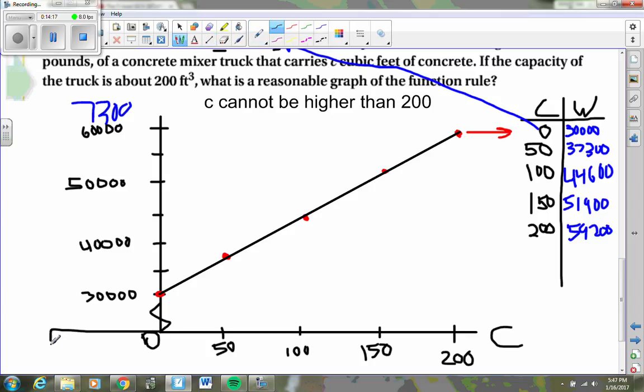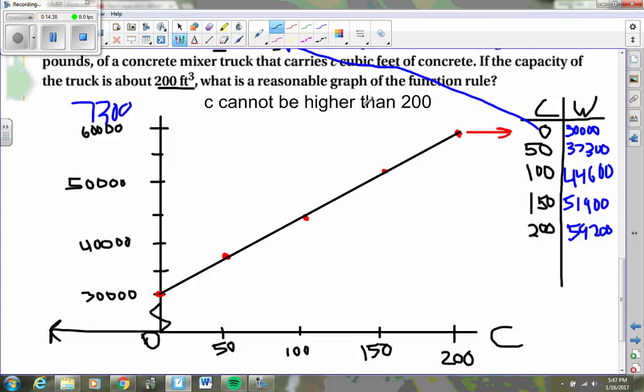I can't go this way because there's no way my truck could have negative cubic feet of concrete. And then I also can't go any further than this point right here. I had to stop at 200 because the capacity of the truck is 200. C cannot go higher than that.